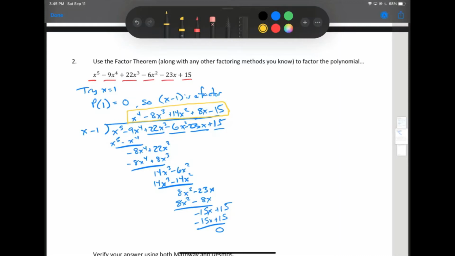Okay, so it looks like I have another factor of x minus 1, which of course may or may not be a coincidence. I may have set it up that way, just because I don't want to check a million values.